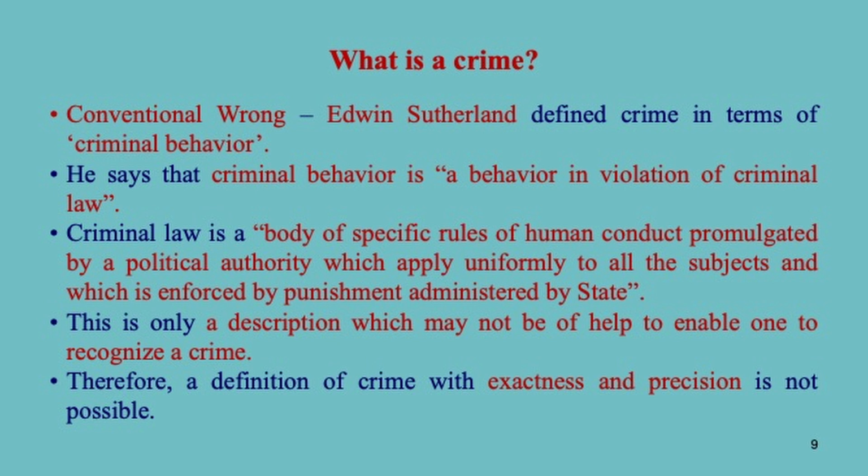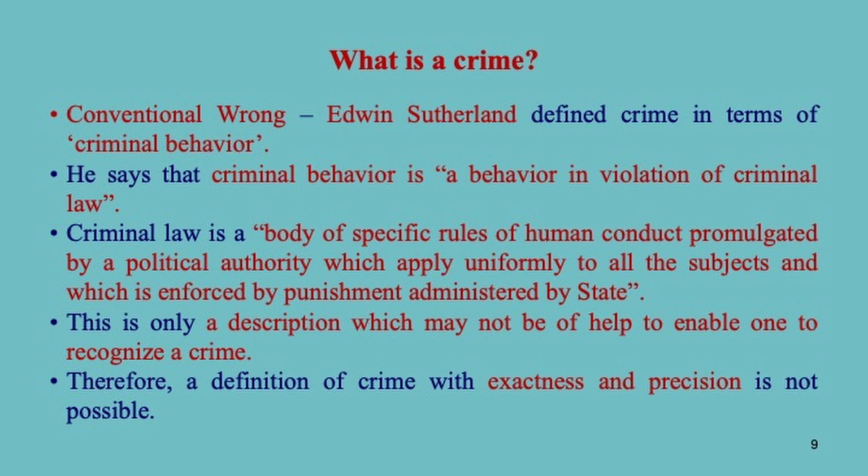Edwin Sutherland defines crime in terms of criminal behavior. According to him, a behavior in violation of criminal law is criminal behavior, and criminal law is a body of specific rules of human conduct which are promulgated by a political authority.